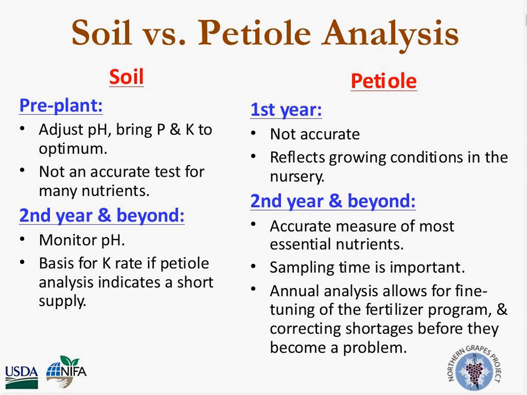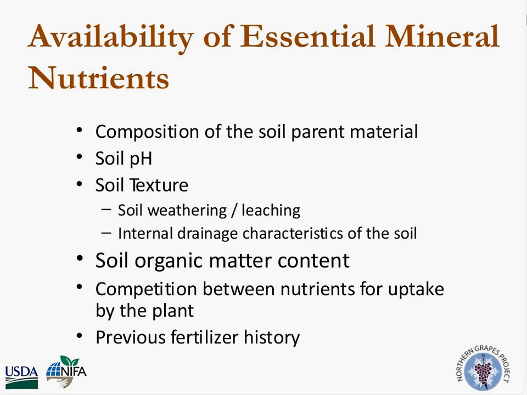In terms of availability of essential nutrients, this can be affected by many different factors. Obviously, the parent material on which your vines are being grown has a very direct impact. Composition, how that soil is formed, the pH of your soil, which is related to the parent material, texture, how well water moves into that soil, how much leaching occurs, and so forth will affect nutrient availability.